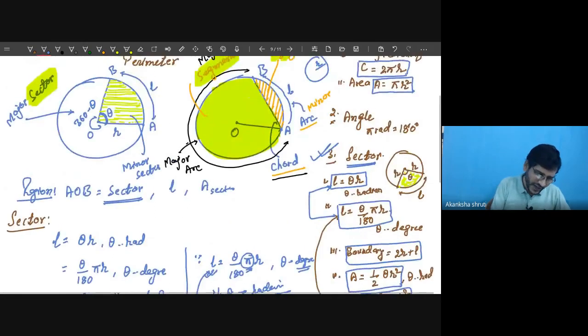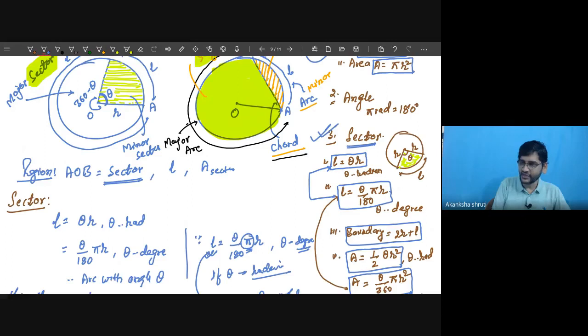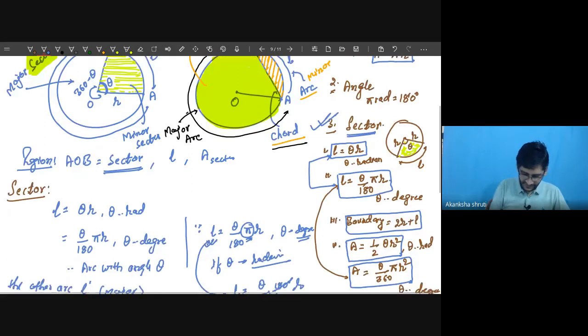But we also have another arc. Let us call this L dash. The other arc L dash, though this is larger in the figure, don't worry, whatever the angle, major or minor, the formula remains the same.